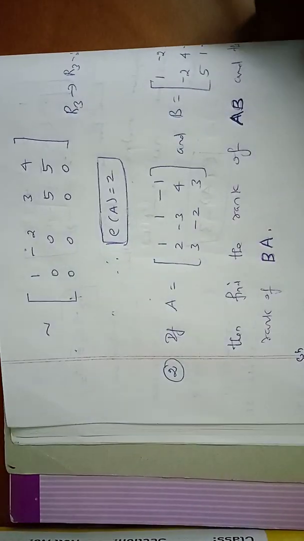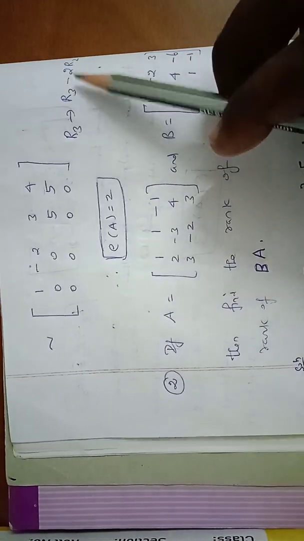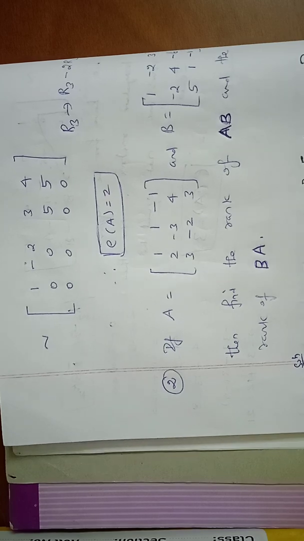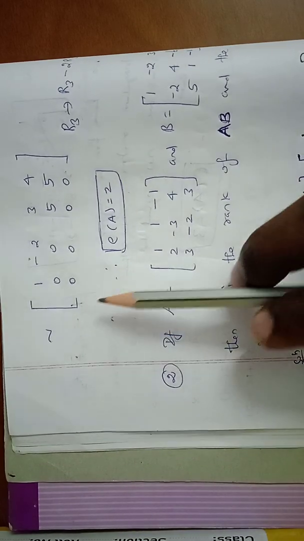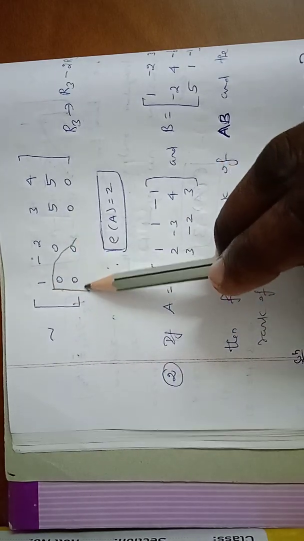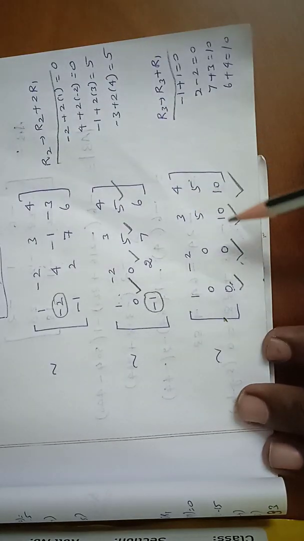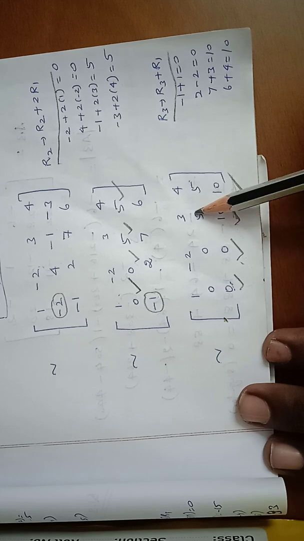Finally, we have to apply the condition R3 tends to R3 minus 2 R2. We already have to form the upper triangular matrix, but these two values are non-zero. So the third row is compared with the second row.